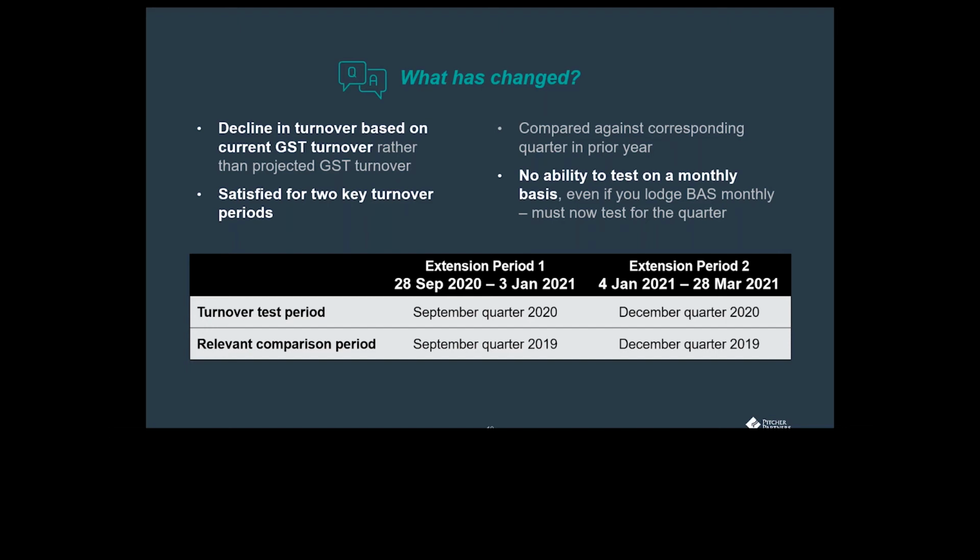There will be a need to determine your turnover for the quarter ended 31 December and compare that to the turnover in the December quarter of 2019. So some work to do over the holiday period there. So that's the relevant periods that will need to be tested.